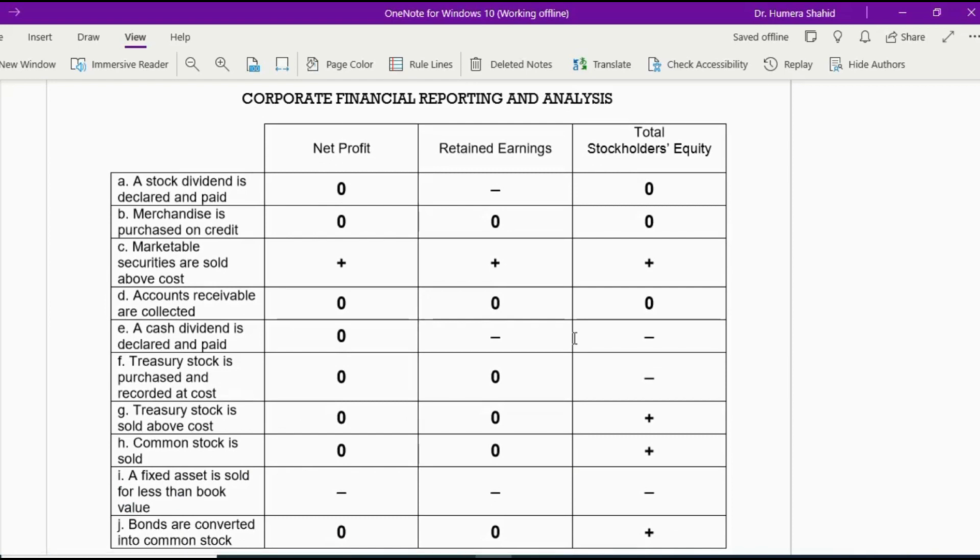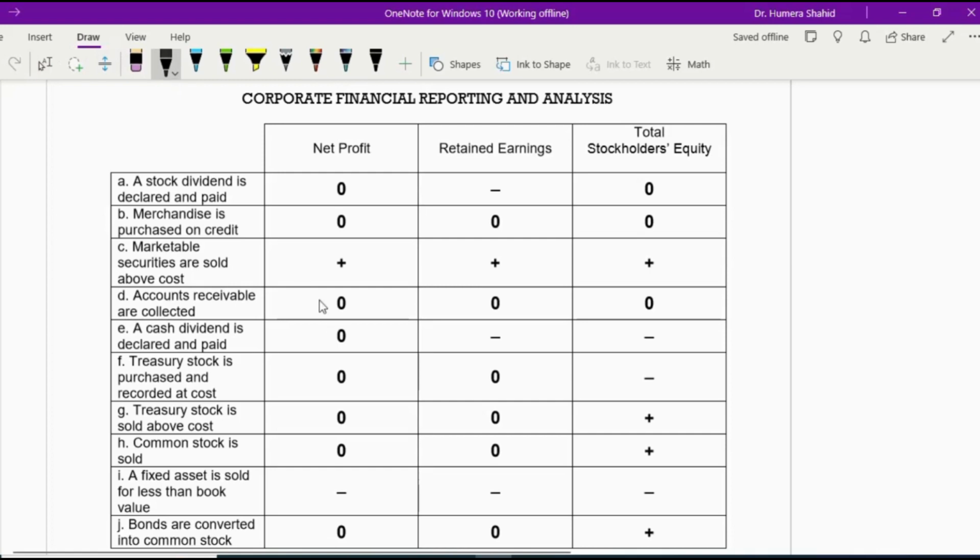The first one, we will be looking into the effects of different transactions on three different accounts of the company. Number one is the net profit, how each of the transactions listed here is going to affect the net profit, the retained earnings, and the total stockholders' equity.